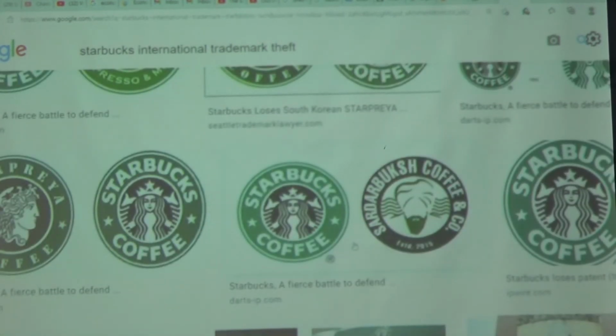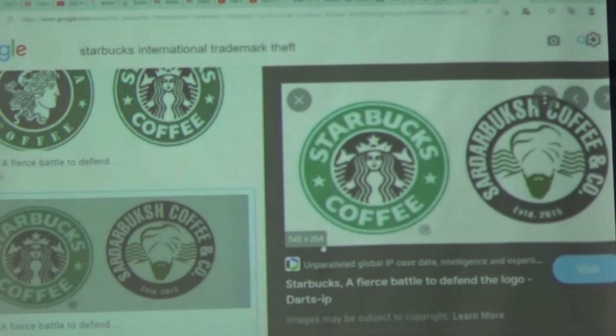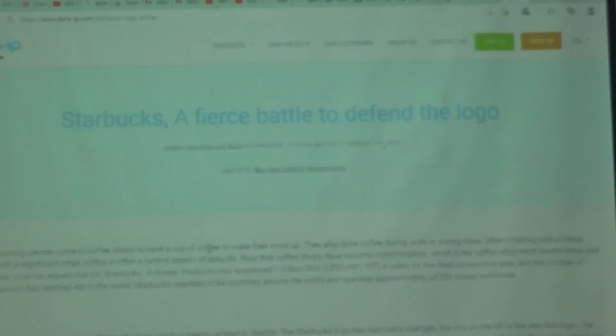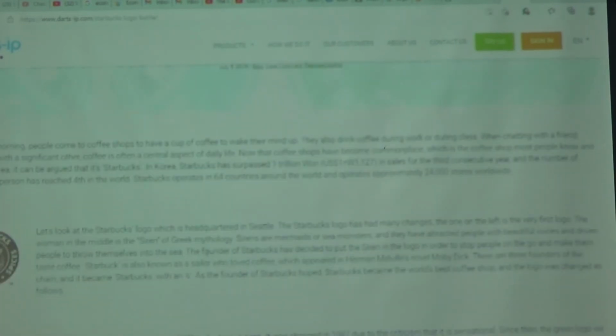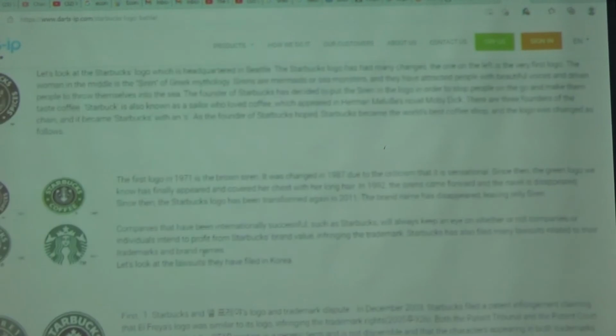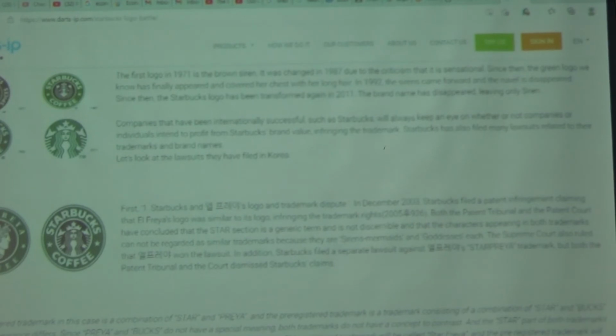But this is my favorite. This has always been my favorite. I love this one. Starbucks tries to defend its logo. Their first logo, 1971, then the update in 2003. They said that Star Preya's logo was too similar, but they didn't care.